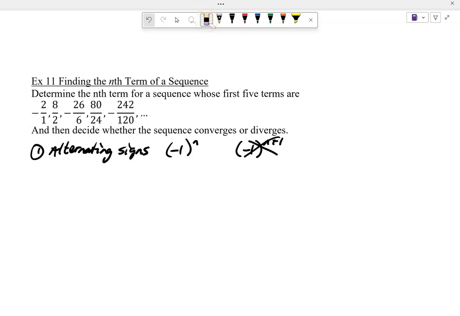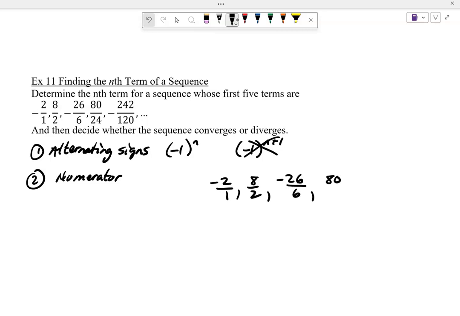Okay. Now let's just look at the numerator for a second. Now that we've accounted for the negative, let's look at the numerator. We've got -2. n is 1, n is 2, n is 3, 4, n is 5.